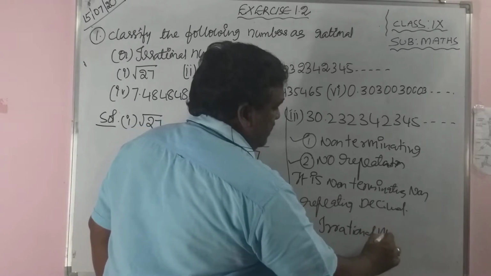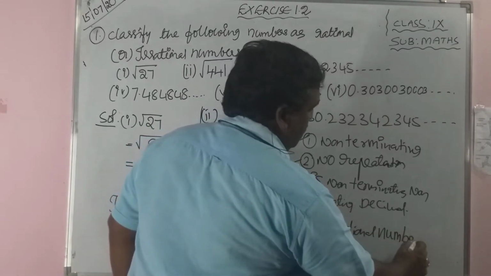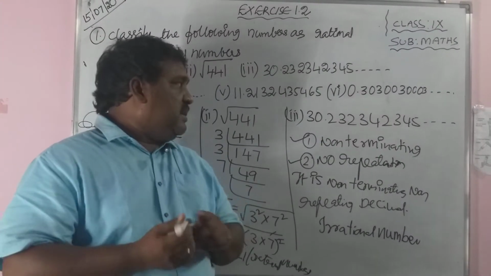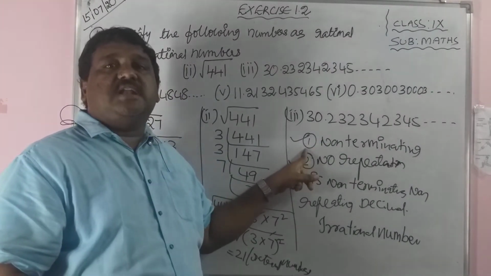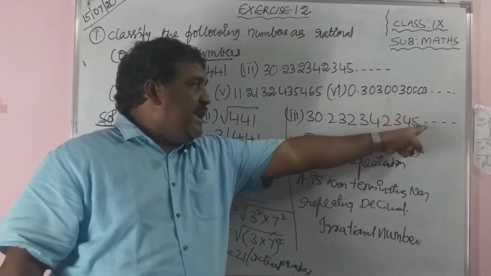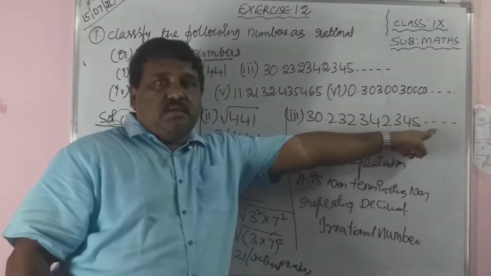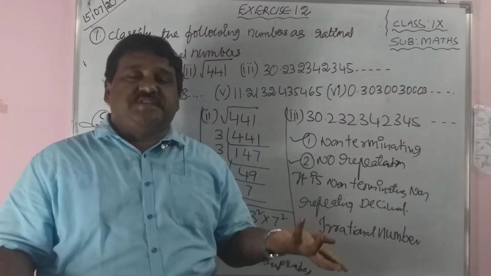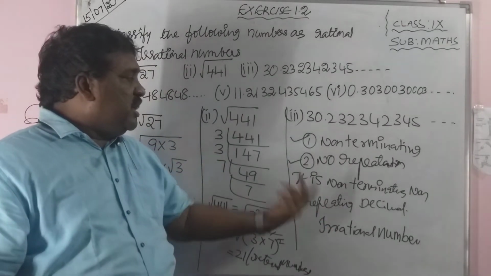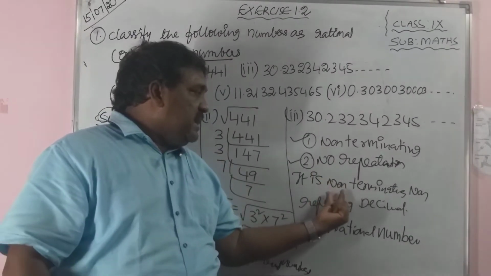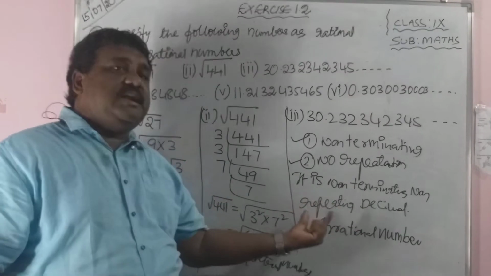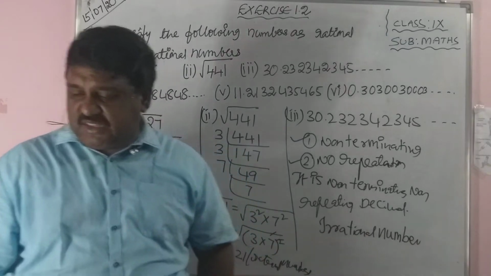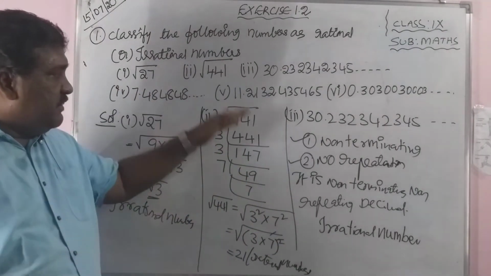Irrational numbers. Two properties are there. First one is non-terminating: there is no ending, it is going on. Second one, there is no repetition. No ending and no repetition means non-terminating, non-repeating decimals. They are known as irrational numbers. Note down 3 first.